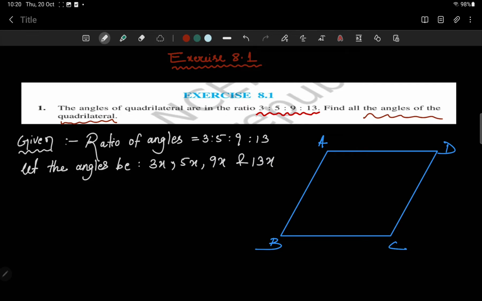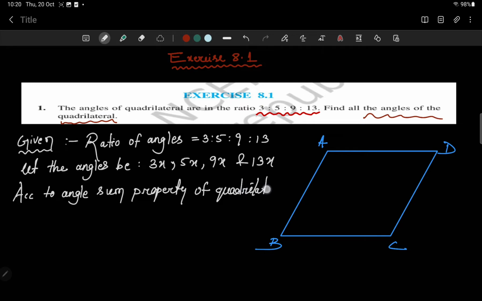These are the angles of this quadrilateral, and according to the angle sum property of quadrilateral, what do we know? The sum of all the angles equals 360 degrees.